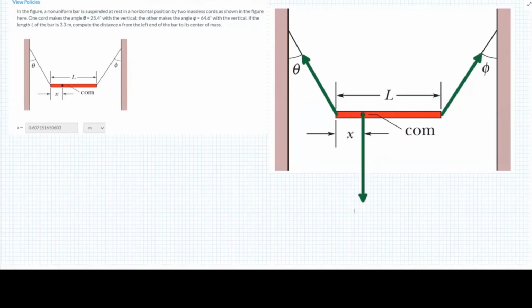Okay, so this is mg. I'll call this TL. TL is the left side tension. TR is the right side tension. Those are all my forces. I can't think of any more forces. I don't think I'm missing any more forces.